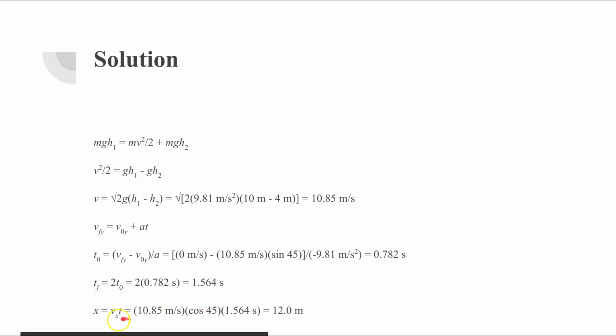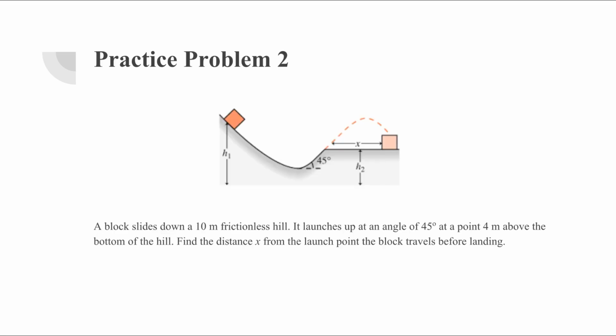Again, this is just how you find the x component of the velocity. Due to space, I didn't want to find it separately, so I just stuck them in the expression. 10.85 times cosine 45 times 1.564 seconds equals very, very close to 12 meters, right? So almost exactly 12 meters from the launch point this box will land.